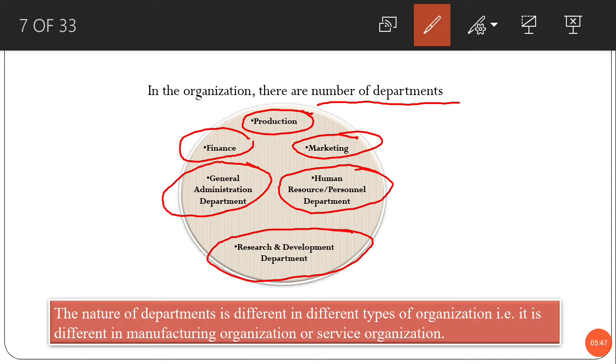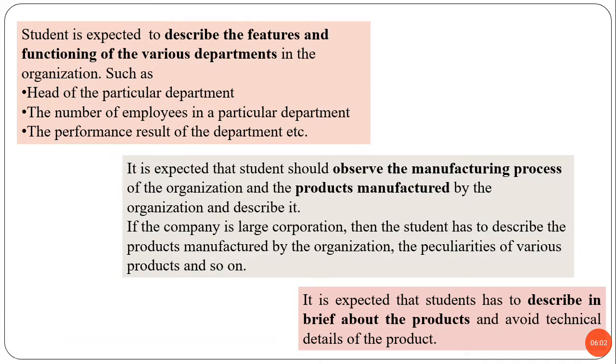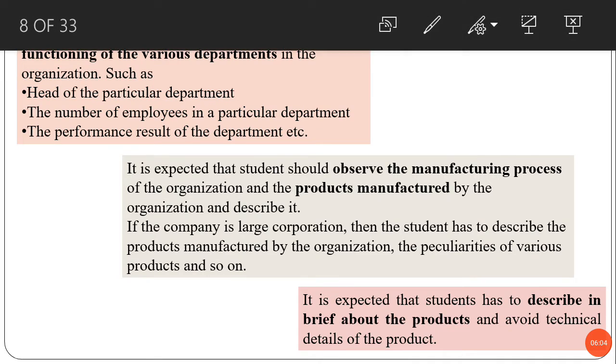The nature of departments is different in different types of organization, that is, in a manufacturing organization or a services organization. The student is expected to describe the features and functioning of the various departments, such as the head of the particular department, the number of employees in a particular department, the performance result of the department, etc.